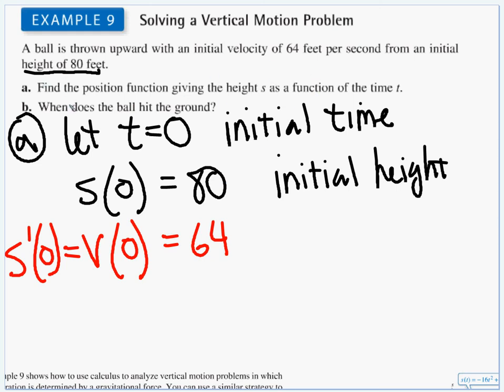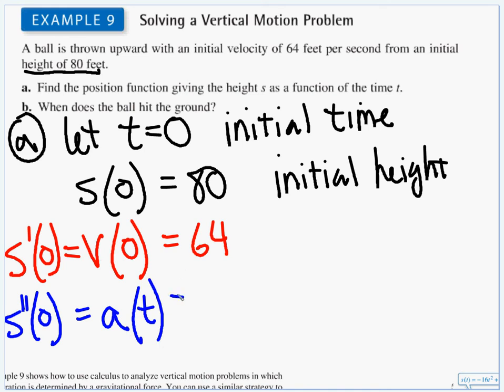And they don't give us in this problem, but we can't get started without it. Remember, the second derivative of position is equal to the derivative of velocity, or that is our acceleration function, a of t. And remember, here on planet Earth, that is negative 32 feet per second squared, feet per second per second. That's not secant squared, that is our time units, seconds.